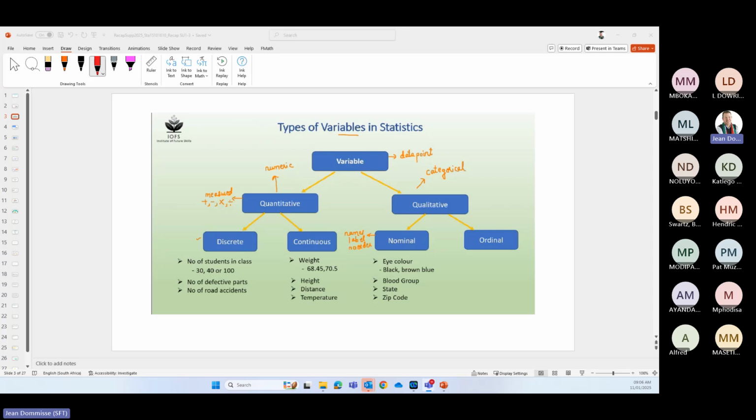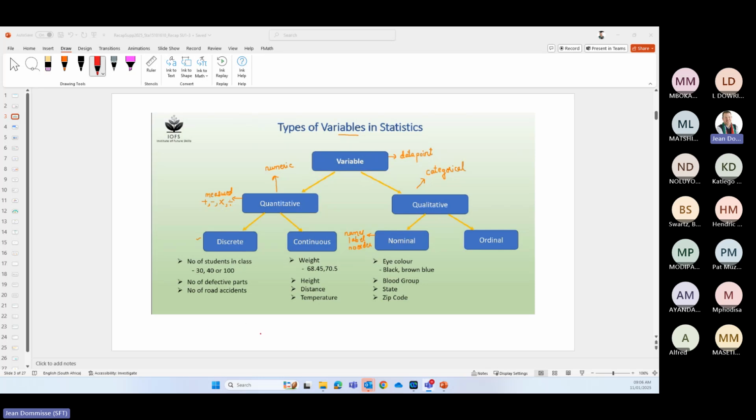Number of defective parts, you can't have a half part. So that is discrete, it is basically a whole number. And continuous is normally to do with a measurement, so a weight, a height, distance, temperature, all those kinds of things.